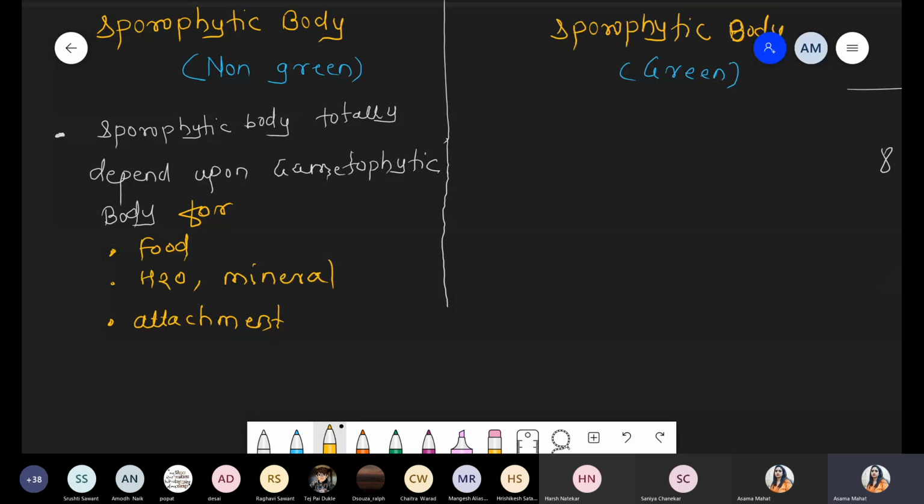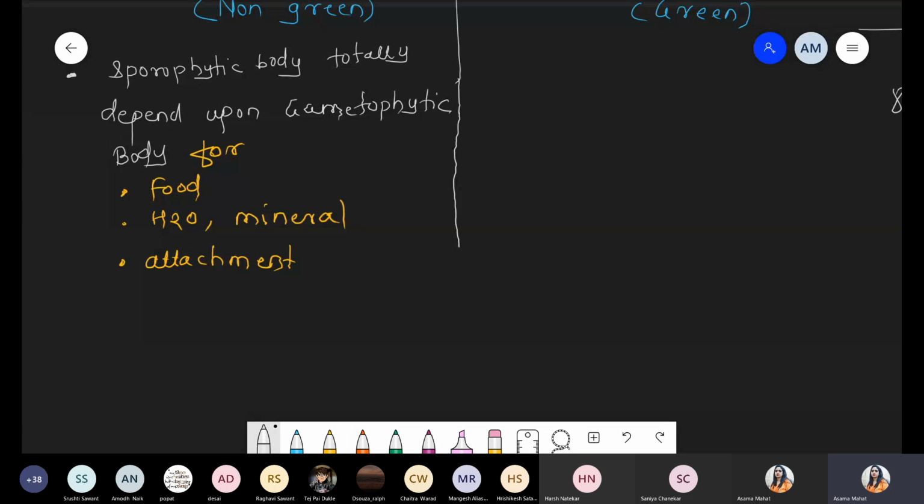Just take Marchantia. Below, we drew the thallus, a thallus-like structure, and on the thallus the stalk was present and the disc was present. So even for attachment, there is a requirement of this gametophytic body. That's why the sporophytic body is an example of total parasite. What is the meaning of total parasite? For everything, attachment, food, water, mineral, for each and every point, it depends on the gametophytic body.